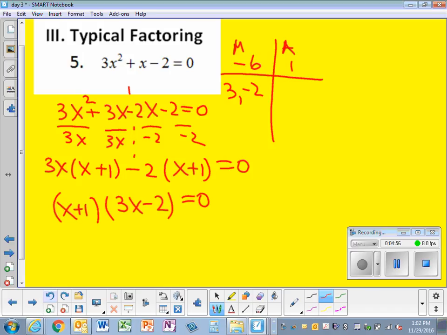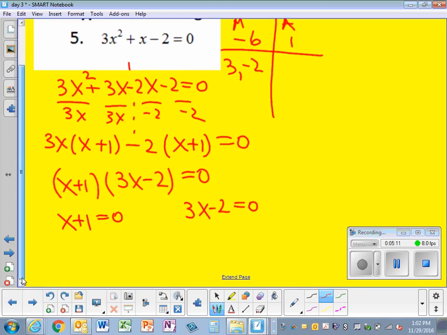So we started with the trinomial, which had highest exponent 2, so we expect two zeros, and we have two factors. So we set each factor to 0: x plus 1 is 0, or 3x minus 2 is 0. We solve each. So x plus 1 is 0, I do minus 1 on both sides, x equals negative 1.